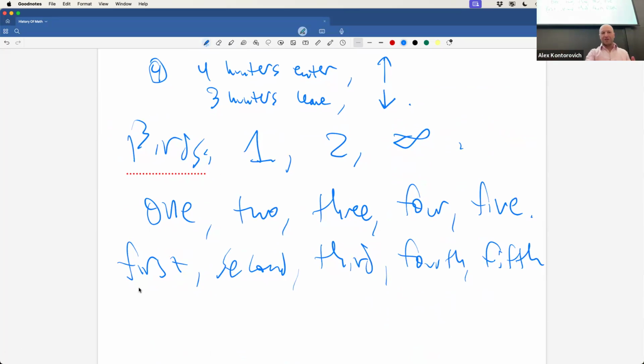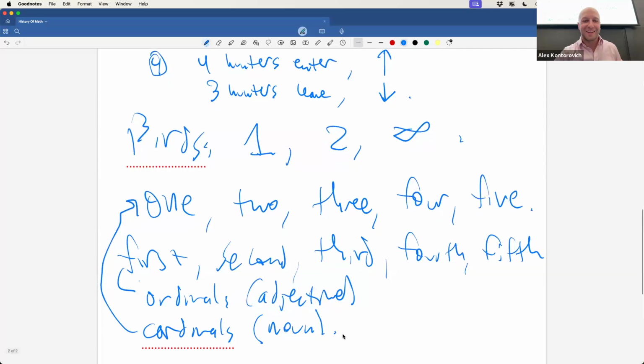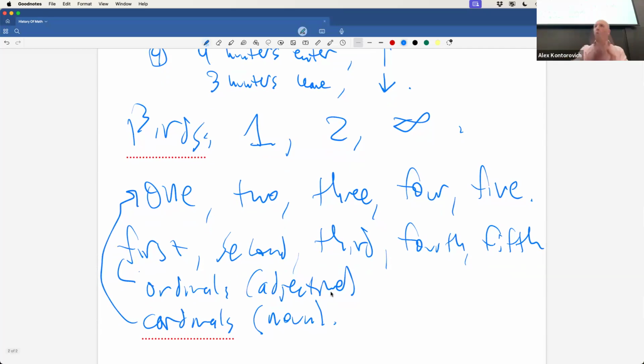So the ordinals are adjectives, and you should think adjective, whereas these are cardinals, and you should think noun. So there's 1. How many were there? There were 2, as opposed to the second what? Second baseman, second whatever.